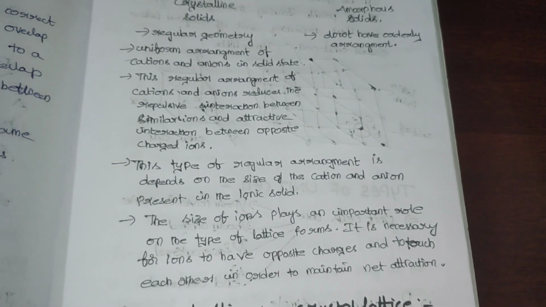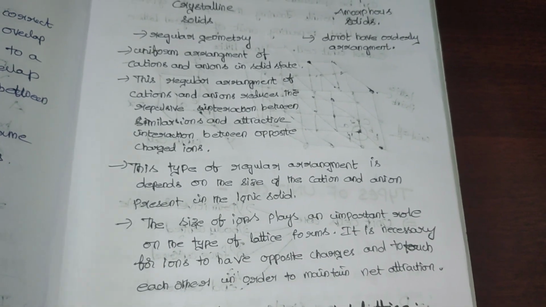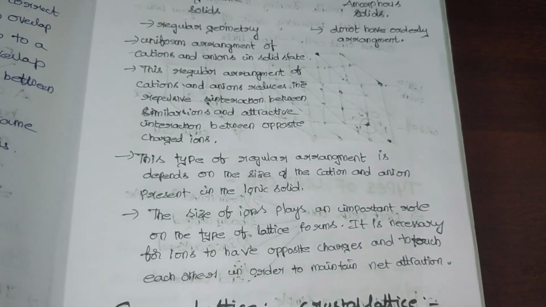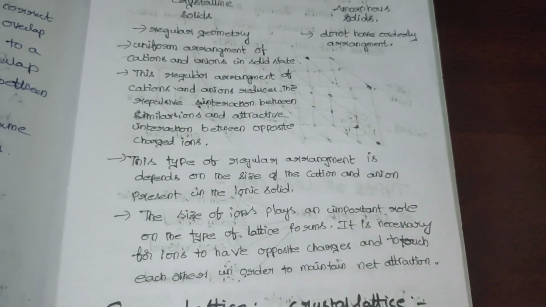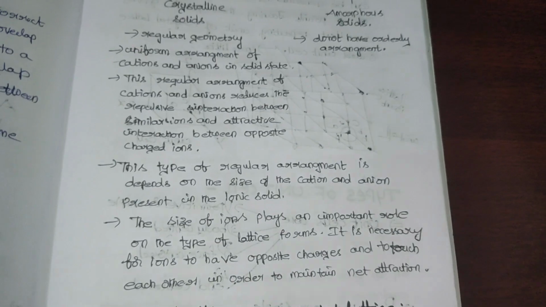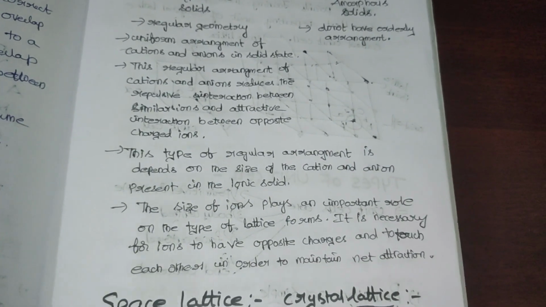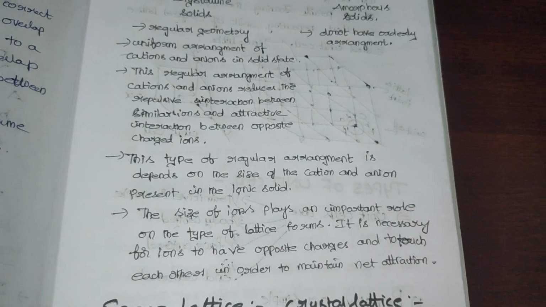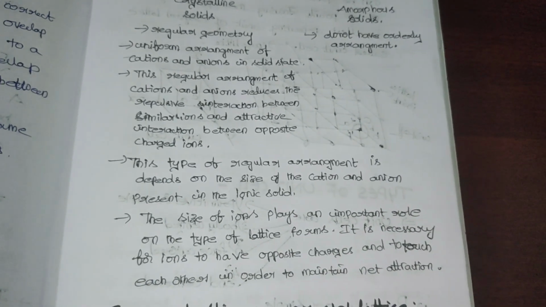Cations should be surrounded by anions and they should touch each other to have a net attraction between them. So touching each other is also very important. Size is important and they should be oppositely charged.